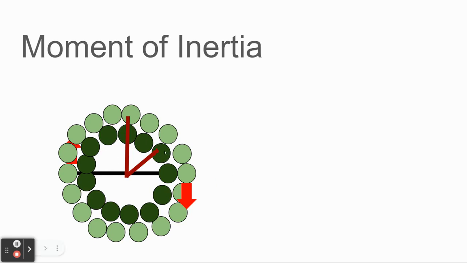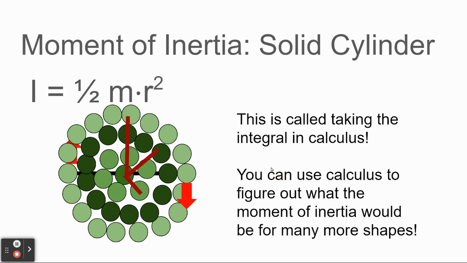And if I keep this up and then I have a hoop of those balls and then I make a hoop of another one and another one, what's going to end up happening is I will take the integral of all of these balls, in other words, find the moment of inertia of each one of these tiny balls and add them together, and I will get 1/2 mr squared.